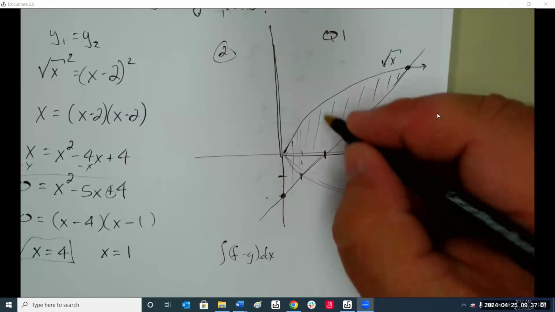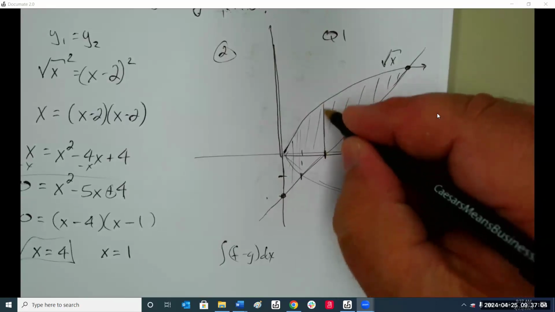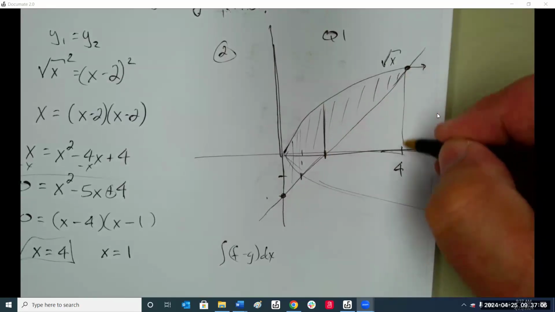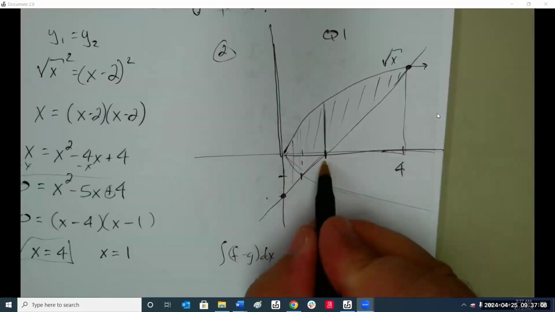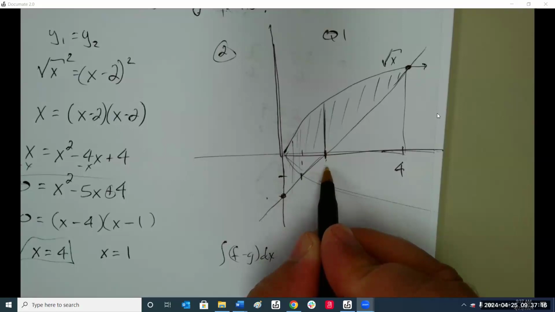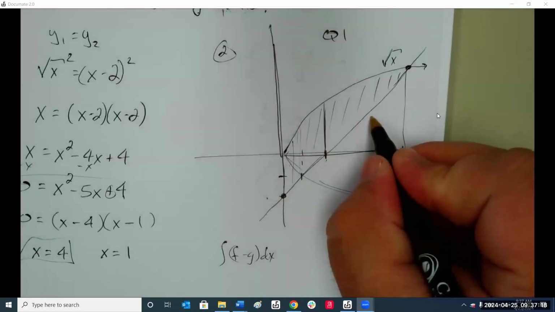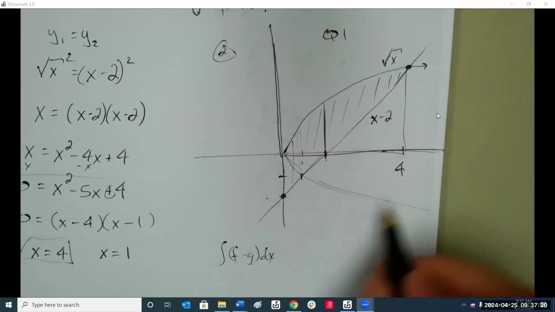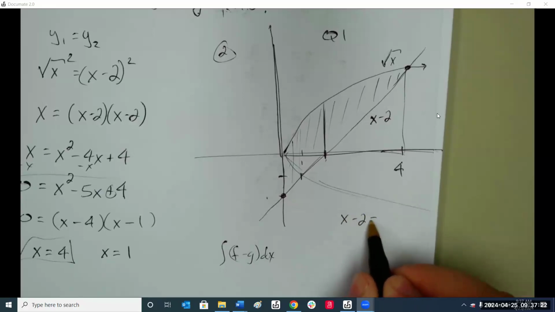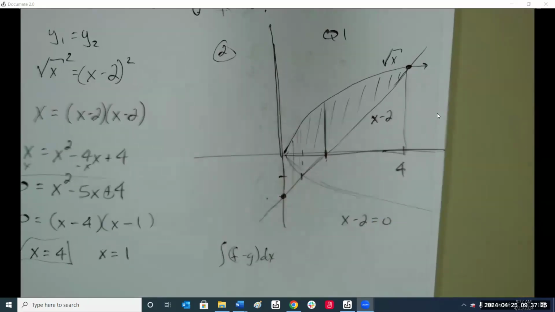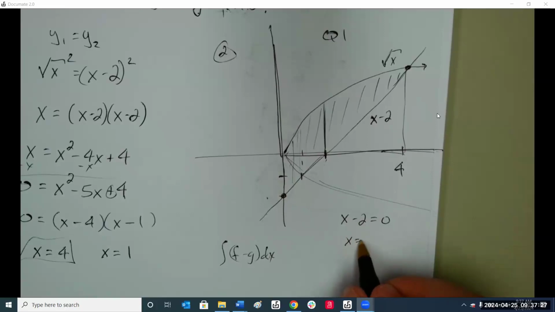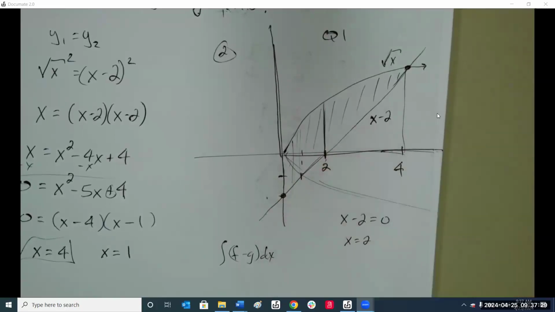So we have to take 2 integrals here. What's that point there? Remember, this one is x minus 2. When does x minus 2 equal 0? When x equals 2. So this is at 2.